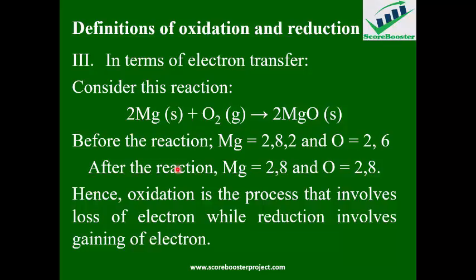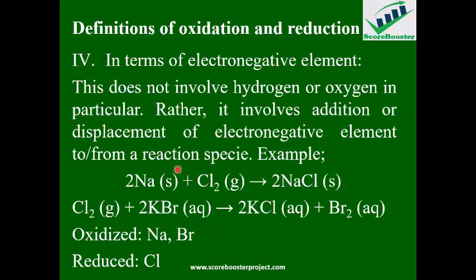So in terms of electron transfer now, since we have established and agreed that magnesium oxidizes when it reacts with oxygen, and magnesium transfers electrons to oxygen, magnesium has lost its 2 outermost electrons. Then magnesium has been oxidized. So oxidation is the process of electron loss, while reduction is the process of electron gain. So we have considered 3 main aspects of the oxidation and reduction definition.